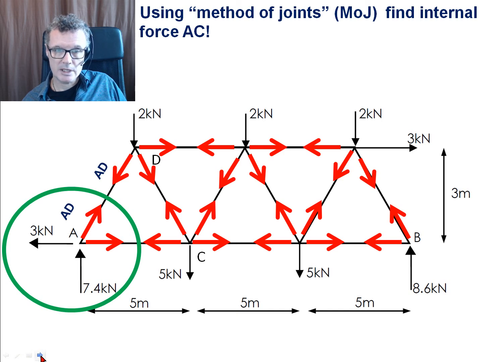To find AC, what am I going to do? Well, I'm going to take my method of joints around the joint A, and notice that I've got an internal force AD there, and I've also got this internal force AC.